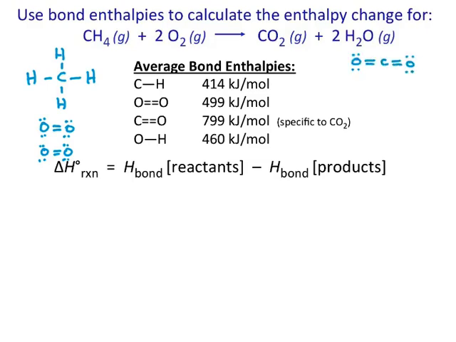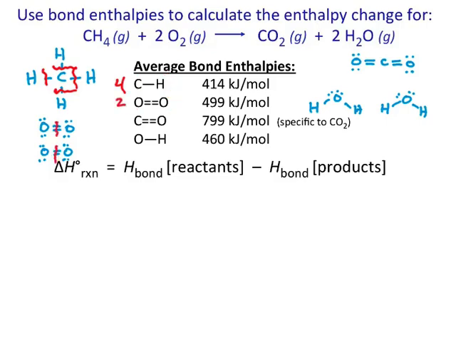And then you're going to make carbon dioxide, which has 2 double bonds between carbon and oxygen. And then you're going to make 2 water molecules, which each has a single bond. So if you go and count, you're going to break 4 carbon-hydrogen bonds. So there's a 4 that you're going to multiply the carbon-hydrogen bond by. And then you're going to break 2 oxygen-oxygen double bonds. So there's a 2 here.